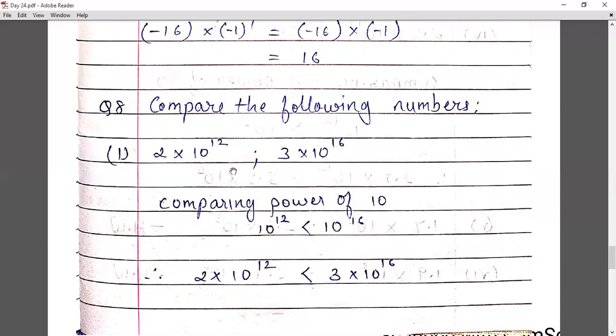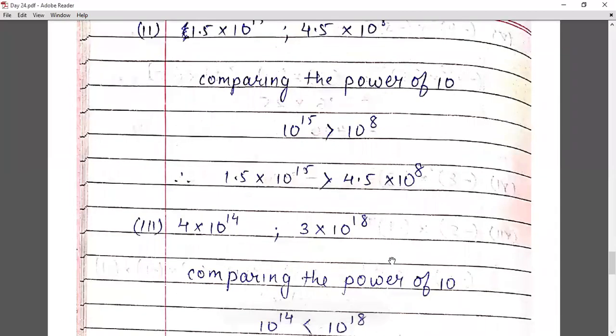Here I have 1 digit, here also I have 1 digit. So I will be comparing only the powers of 10. Powers of 10, you can see 10 raised to 12 and 10 raised to 16. 16 is greater, hence 10 raised to 12 is less than 10 raised to 16. Therefore, 2 into 10 raised to 12 will be less than 3 into 10 raised to 16.